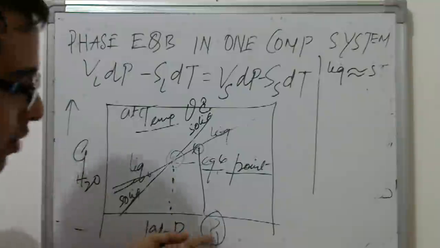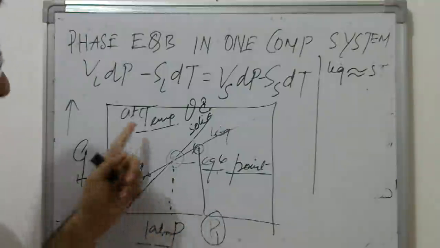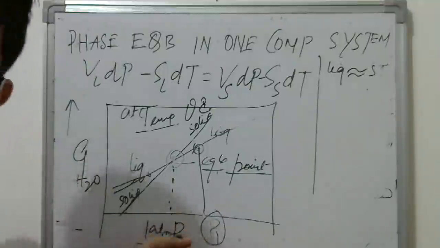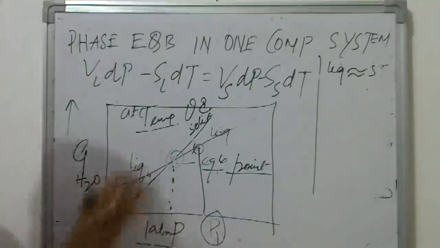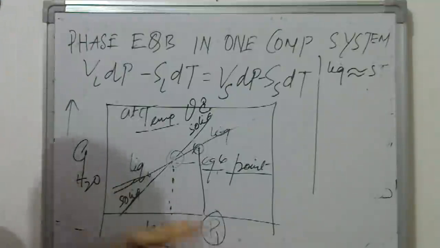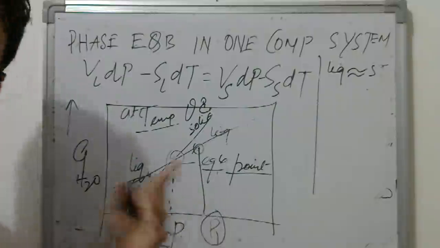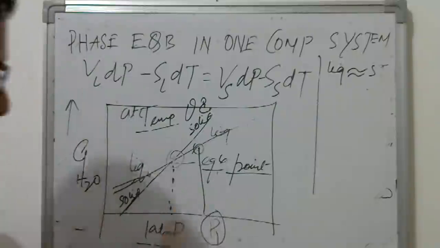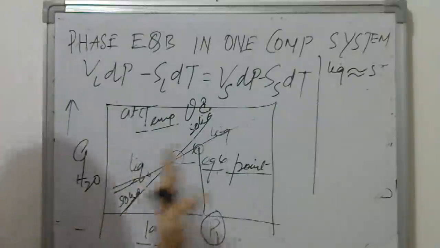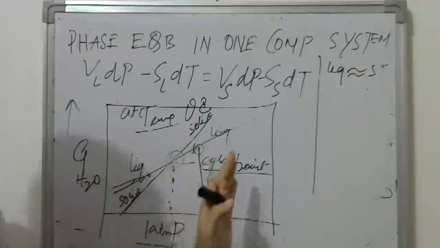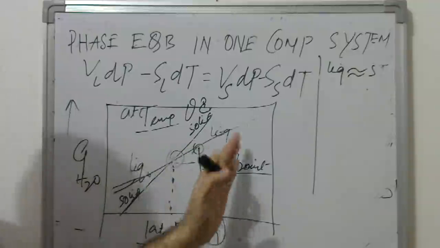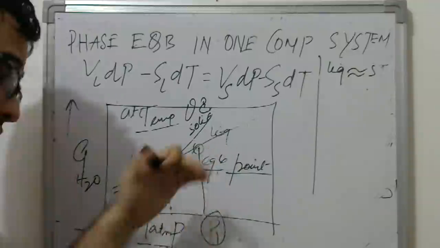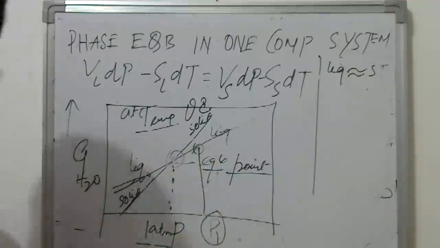Or, if I change the pressure, what is the change in temperature to re-establish the equilibrium? Or if I change the temperature, for a G versus temperature plot, what will be the pressure to re-establish the equilibrium? Otherwise, if you keep the temperature constant and change the pressure, the system moves from equilibrium to a non-equilibrium state. That means there is a spontaneous conversion or transformation of phases.